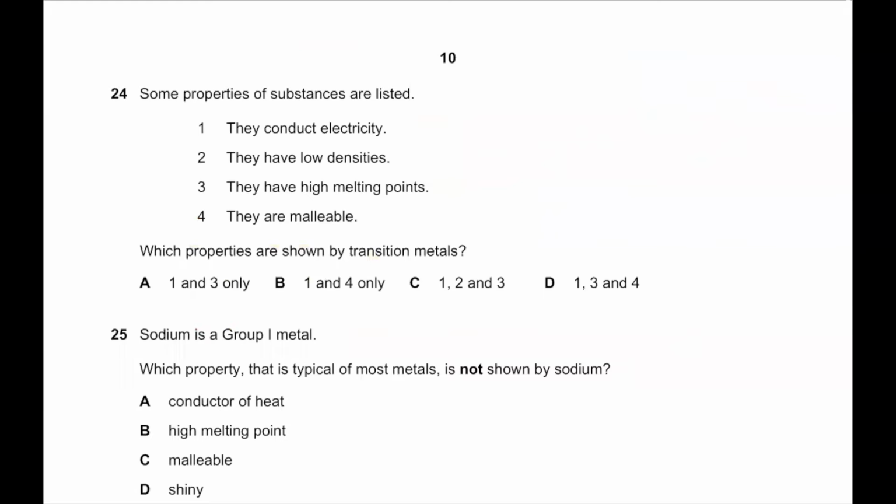Question number 24. Some properties of substances are listed. They conduct electricity. They have low densities. They have high melting points. They are malleable. All of this description, except number 2, goes for metals. Metals usually have higher density.